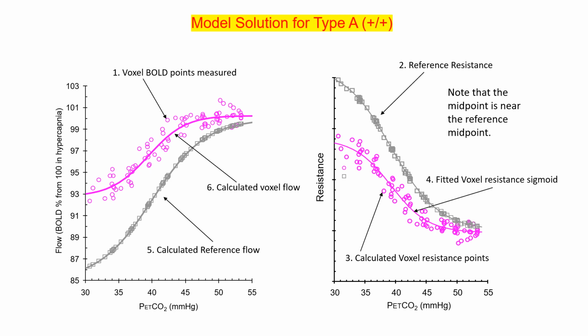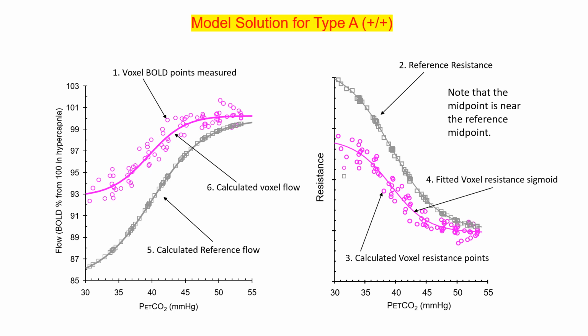The example voxel examined is in purple and the reference is in black. And the solution proceeds by the numbers shown. First, the left graph shows the flow or BOLD measured data points in purple. The right graph shows the reference resistance line in black.